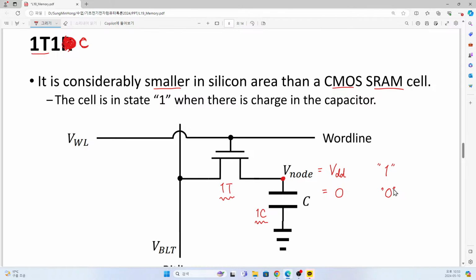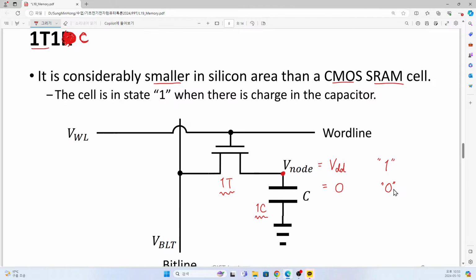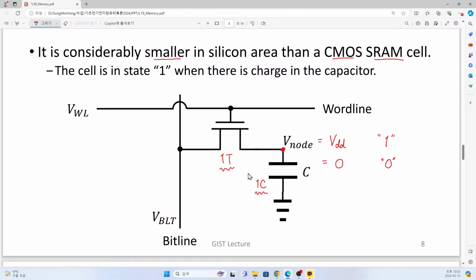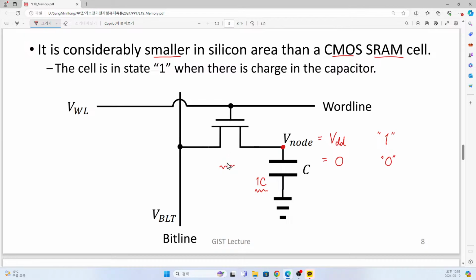So it is quite easy to understand. Simply, if we store positive charges here, then this state corresponds to logical 1. And if we don't have any charge stored here, then it corresponds to logical number 0. Okay, that was the capacitor story. And now think about this transistor.